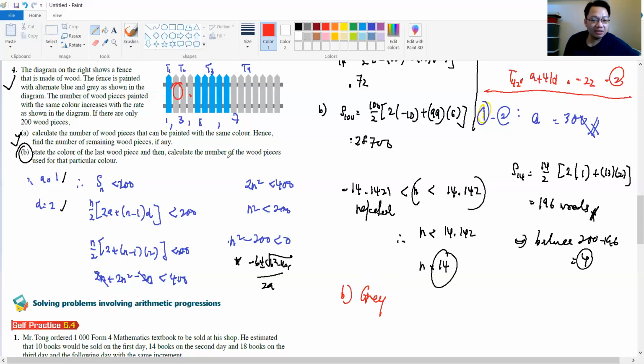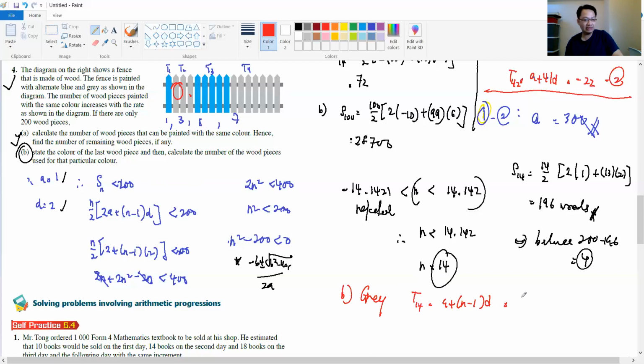Okay, calculate the number of wood used for that particular color. So 14, that means we want to find the term of 14 on that specific term. How many gray pieces are being painted? That's why we use T14, not S14. So a plus n minus 1 times d.